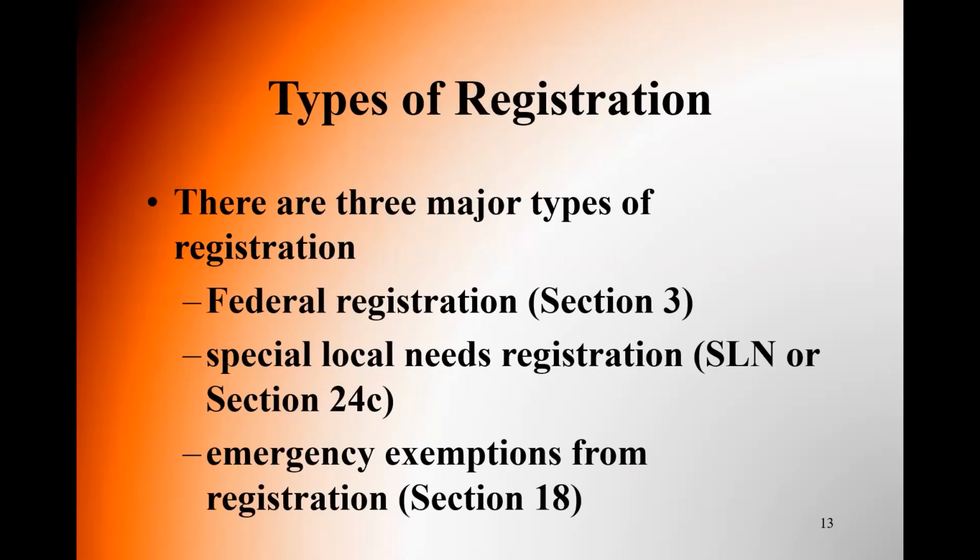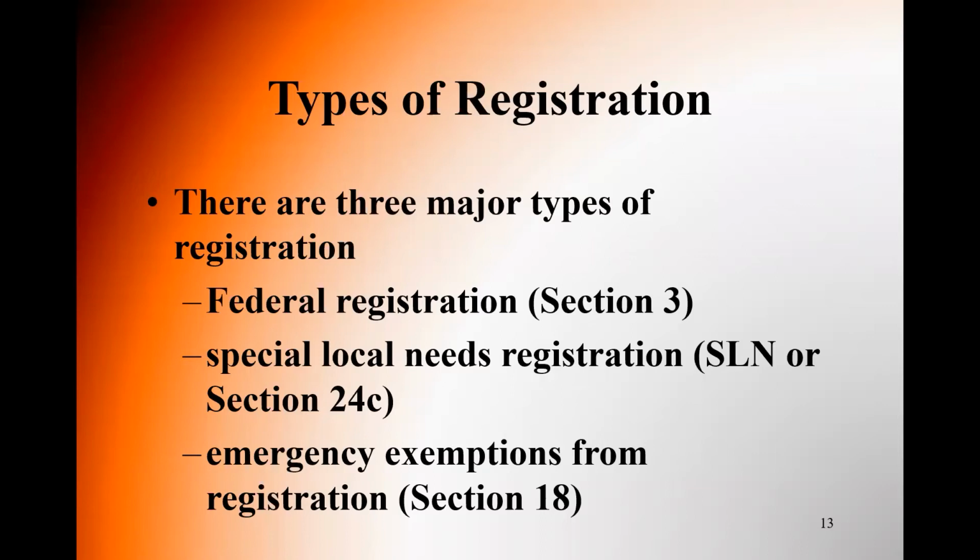The types of registrations, there are three major types of registration. The federal registration, which is the Section 3. Federal registration means that the pesticide may be used in the United States. However, before it can be used in certain states, for instance, Wyoming Department of Agriculture charges a $75 fee per product before some things can be used.